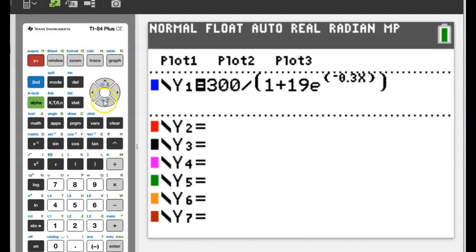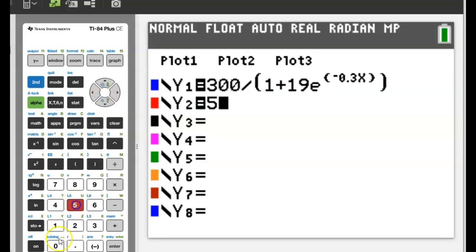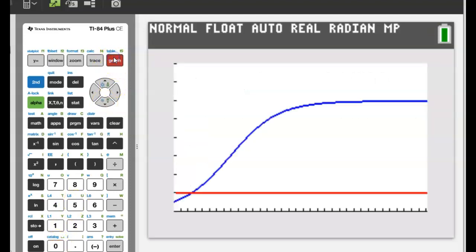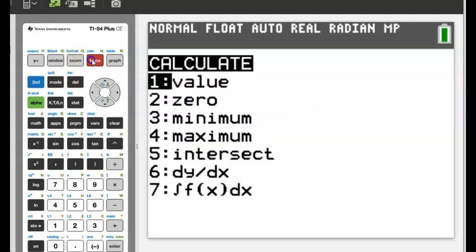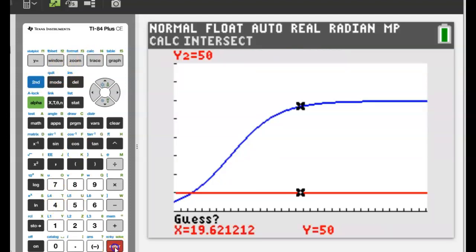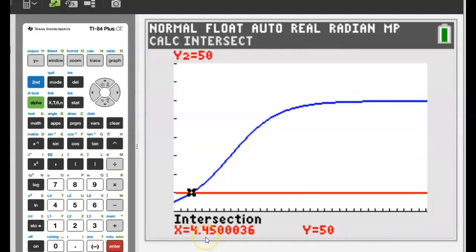If we put in y sub 2, a line at 50, and then find the intersection point, that is more exact. We just are estimating with the table, because I got about 4.45 years. The table, you're going to have to say after 5 years or something, because it's going to go by whole numbers.